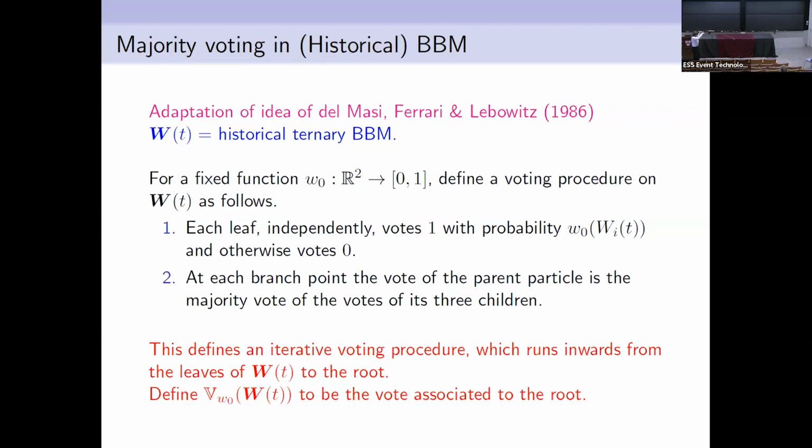And then I trace back down through my tree. Whenever I get to a branch, the vote of the parent is going to be the majority vote of the offspring. That gives me an iterative procedure, which takes me from the leaves down to the root. And I'm going to use this notation, V_{W_0}, to be the vote associated to the root.